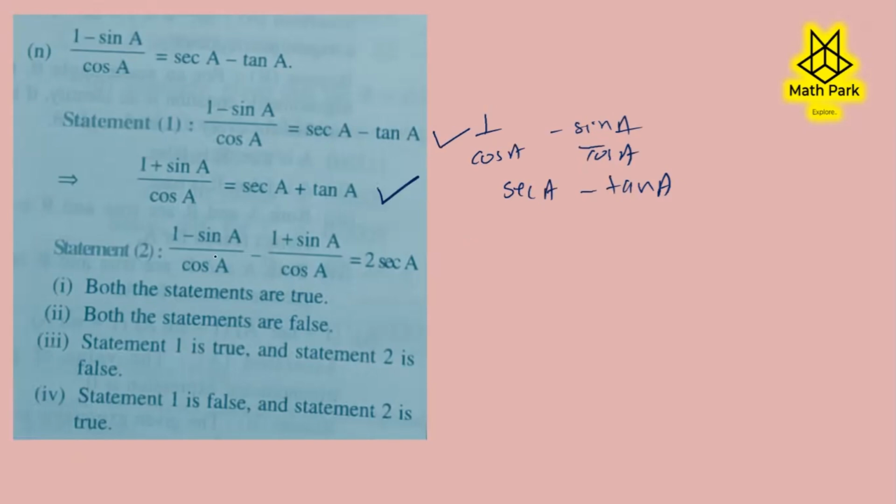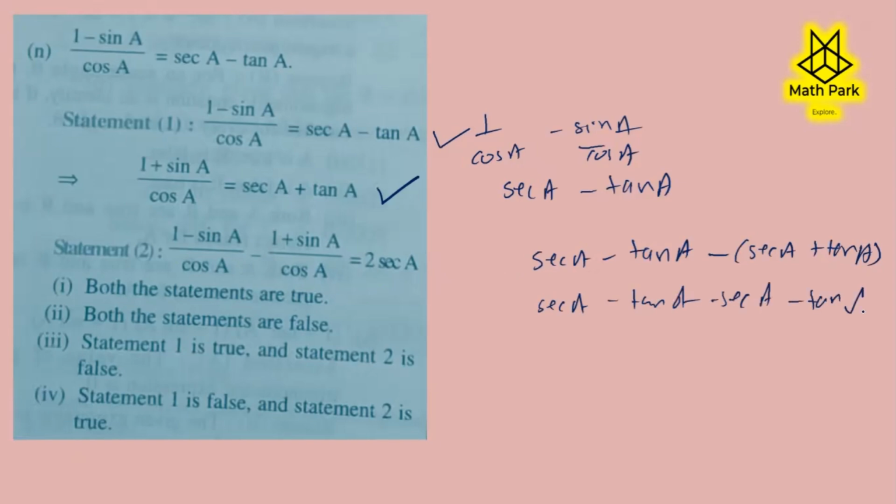Now statement 2 says 1 minus sin A upon cos A minus 1 plus sin A upon cos A. Let us solve this. 1 minus sin A upon cos A, we had got sec A minus tan A. And this we have got sec A plus tan A. So when you simplify this, you get sec A minus tan A minus sec A minus tan A, which is equal to 0.